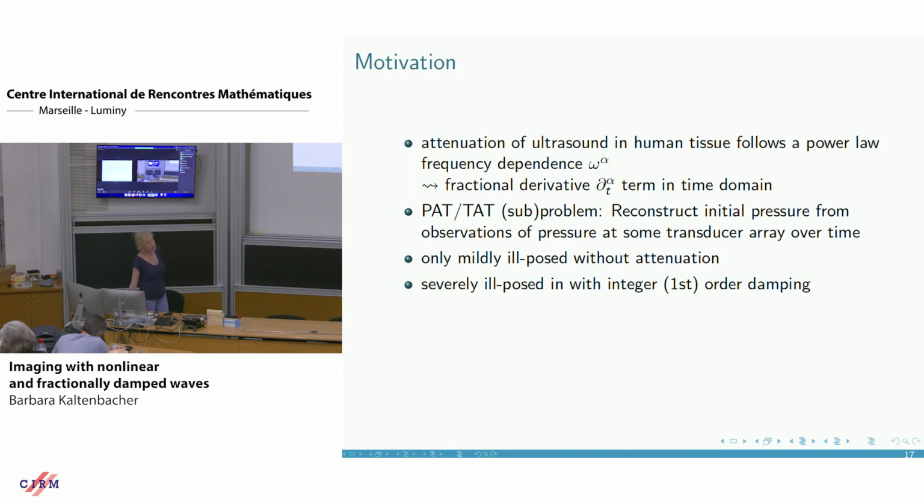But as soon as damping is around, and this is naturally the case in ultrasonics, the problem becomes severely ill-posed. Especially if it's strong damping, then you have exponential ill-posedness, meaning exponential decay of singular values that you have to invert during the reconstruction.